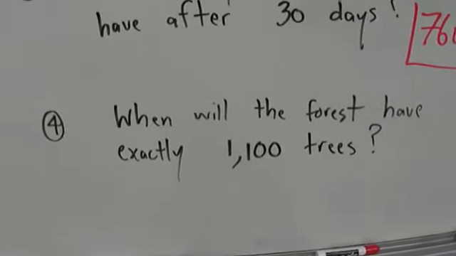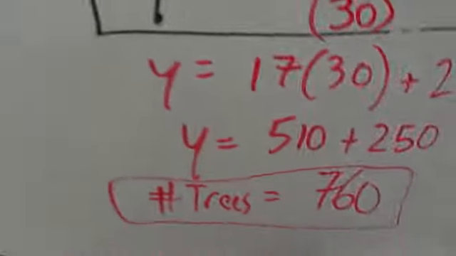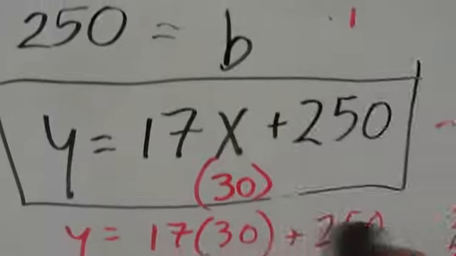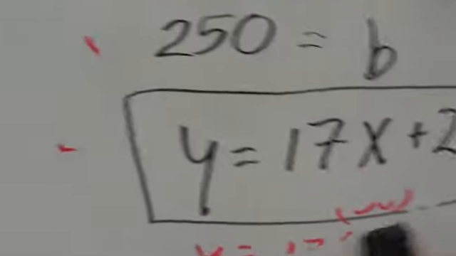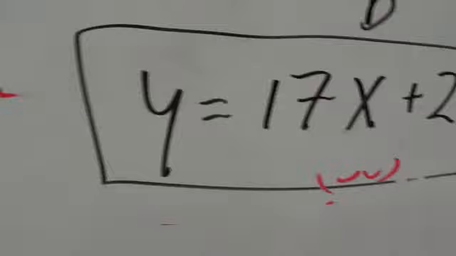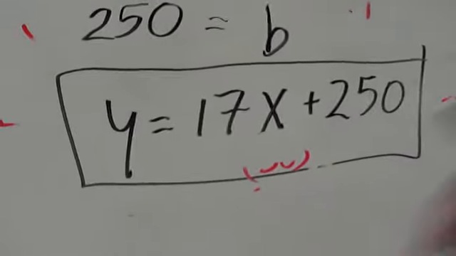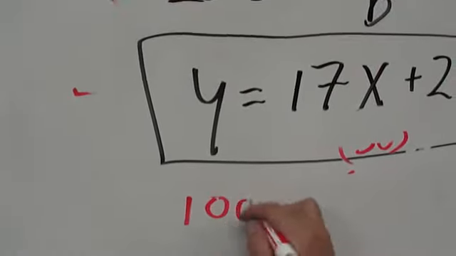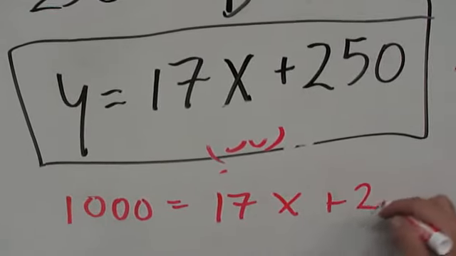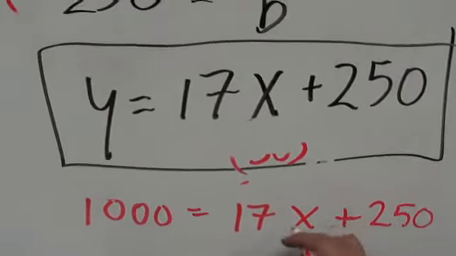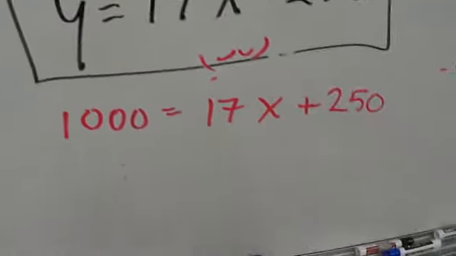When will the forest have exactly 1,100 trees? Well, we can do this algebraically. So why don't we do this algebraically here? Number of trees, we want to change that now. We want to say, hey, the number of trees is going to be 1,000. So we put 1,000 equals 17x plus 250. Okay, so can we solve this?